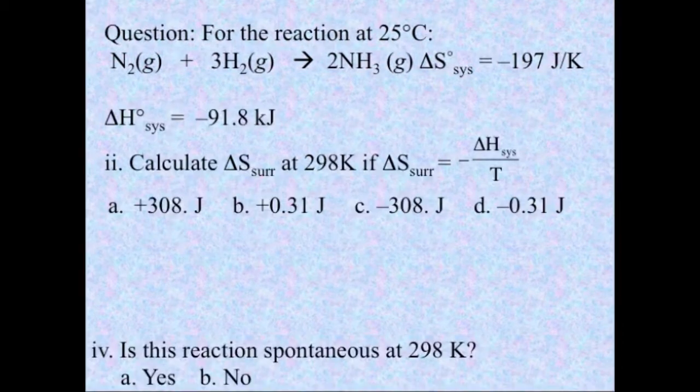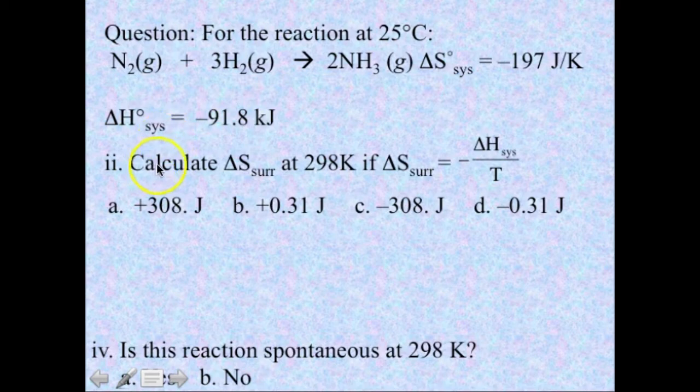So here's a question for you. For the reaction at 25 degrees Celsius of nitrogen gas plus 3 moles of hydrogen gas yields 2 moles of ammonia gas, the change in entropy of the system is minus 197 joules per Kelvin, and the enthalpy of the system is minus 91.8 kilojoules.